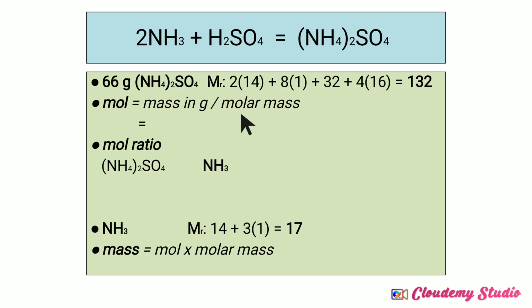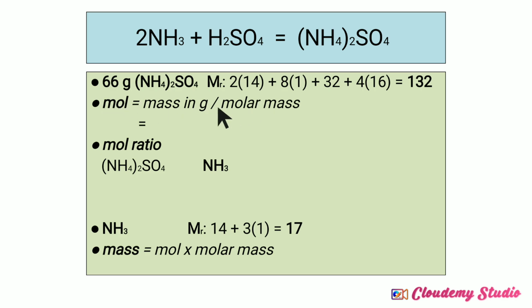Now we need to substitute in the formula for the number of moles, that is mass in gram divided by the molar mass. Relative molecular mass is expressed in gram per mole, that is the molar mass. So the molar mass is 132 gram per mole. The mass in gram is given here, 66 gram.